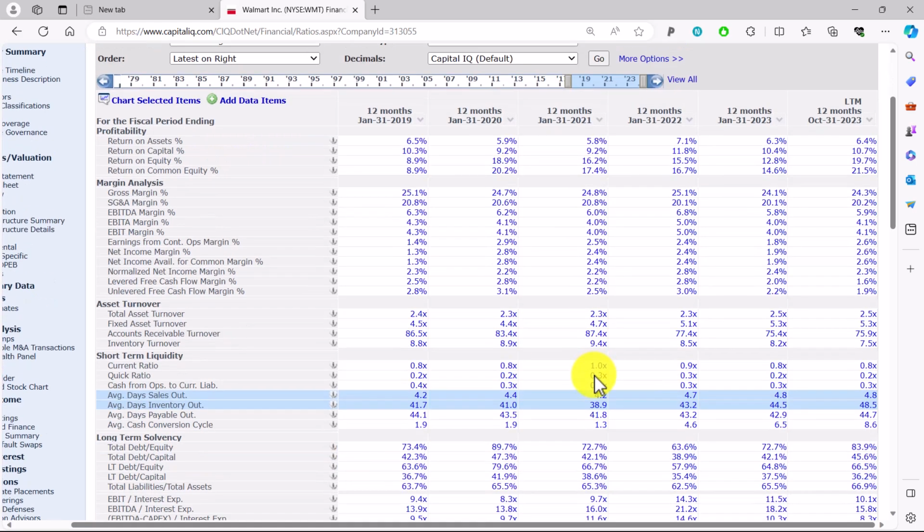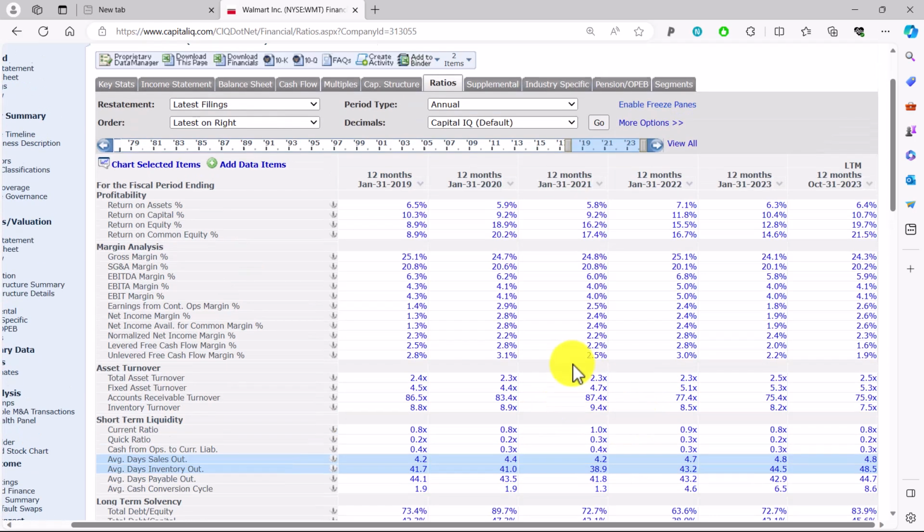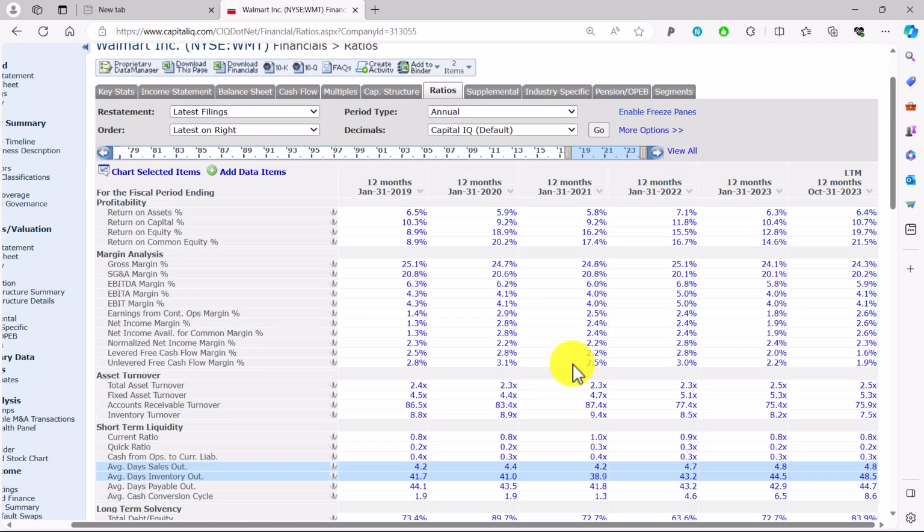And while for some companies that number may increase because people weren't buying as much, people were staying at home and probably the inventory that they were selling a lot of at this time were probably more groceries and fewer other things. So they may have been selling through their groceries much faster. People aren't eating out as much, so they're buying more groceries, things like that.